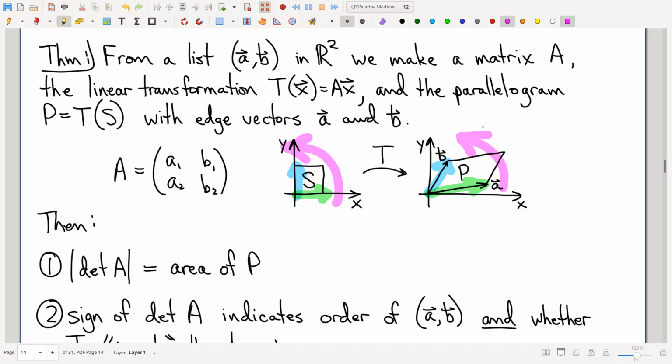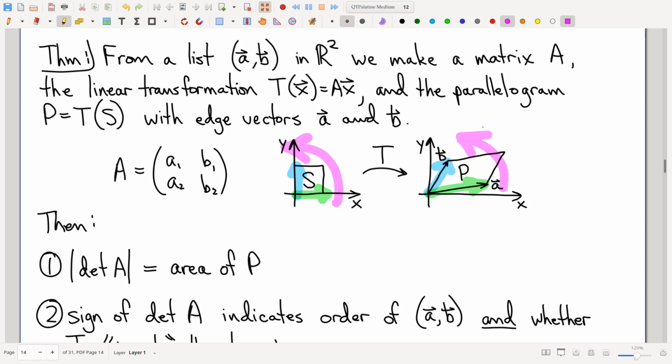And I will point out that if my transformation is to take the plane on the left and stretch it out, yeah, that would preserve order. If the transformation does a shearing transformation, something kind of like that, you think about the geometry, it would preserve order.